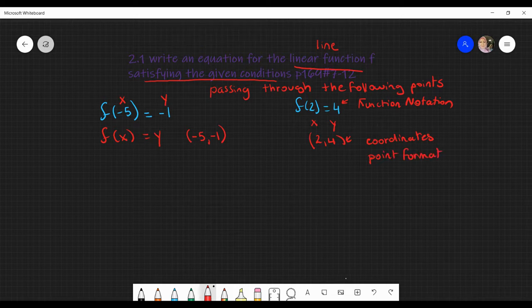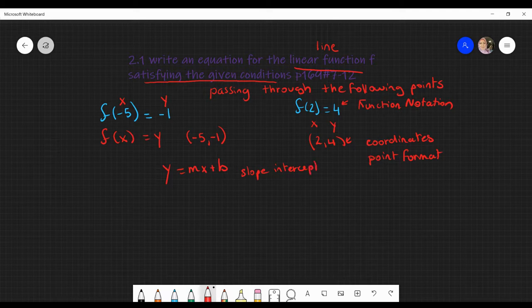And going from here, the way we write the equation of the line, we should remember they didn't specify which form they wanted it in. So we could write it in slope intercept. If you guys remember from chapter 1, we could also write it in point slope form. But in both ways, we will need the slope, which is y2 minus y1 divided by x2 minus x1.